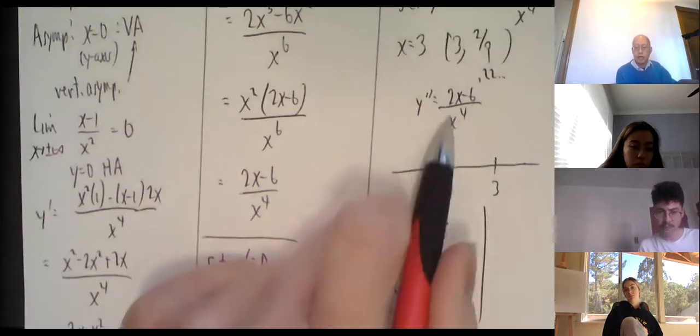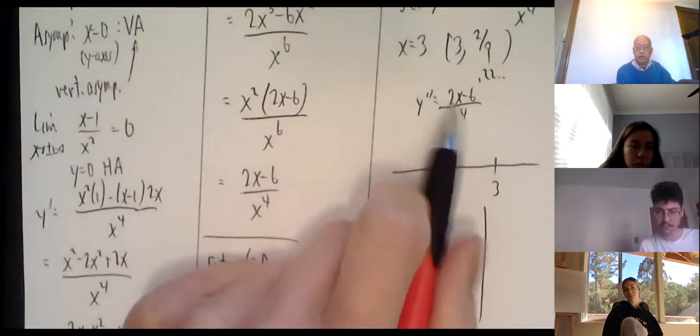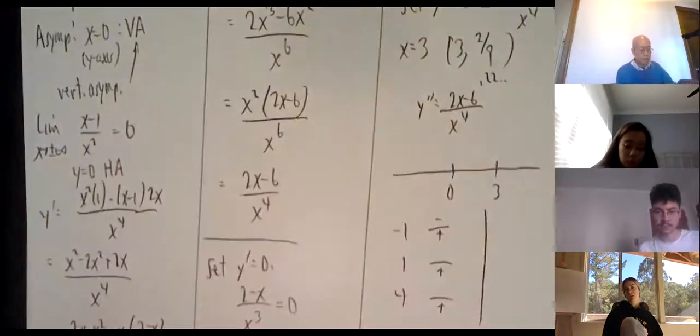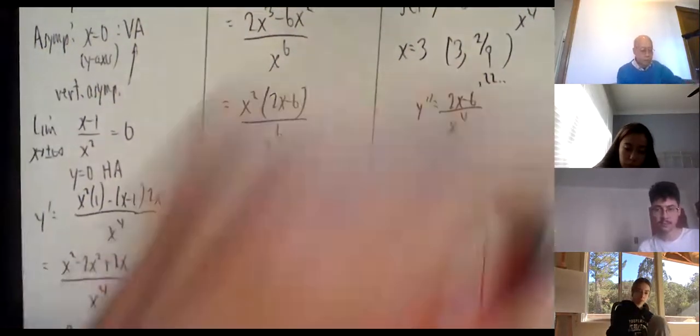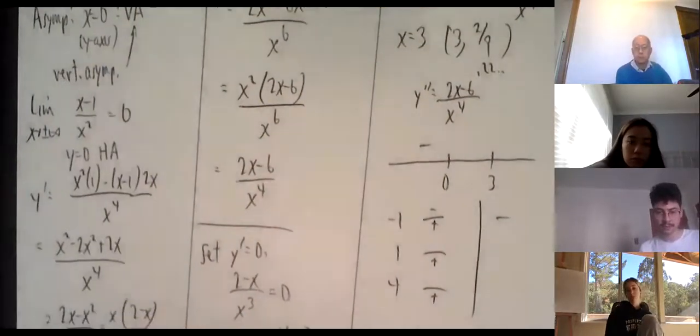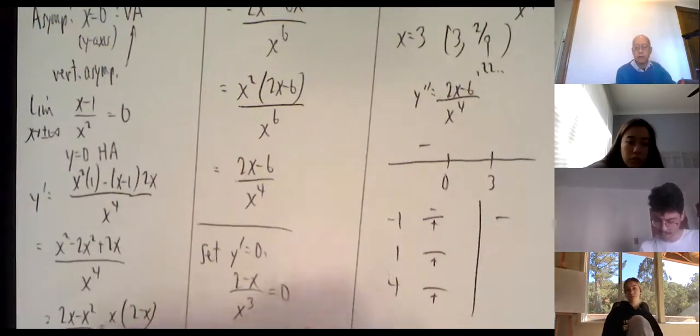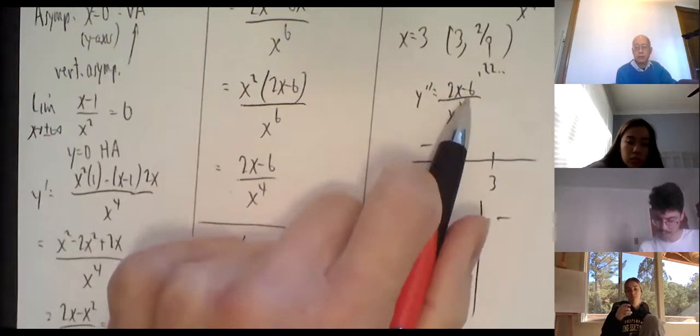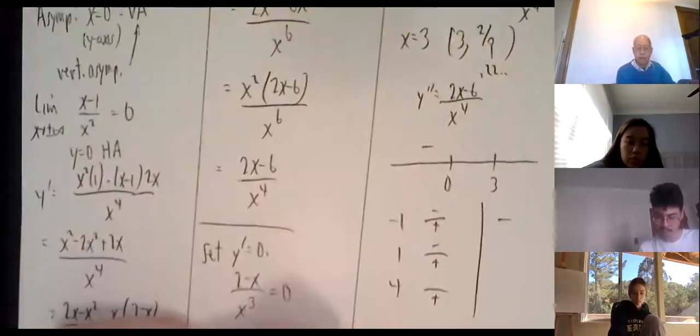So numerator, negative 1. 2 times negative 1 minus 6, negative. Negative divided by positive, negative. 1. 2 times 1 minus 6, negative.